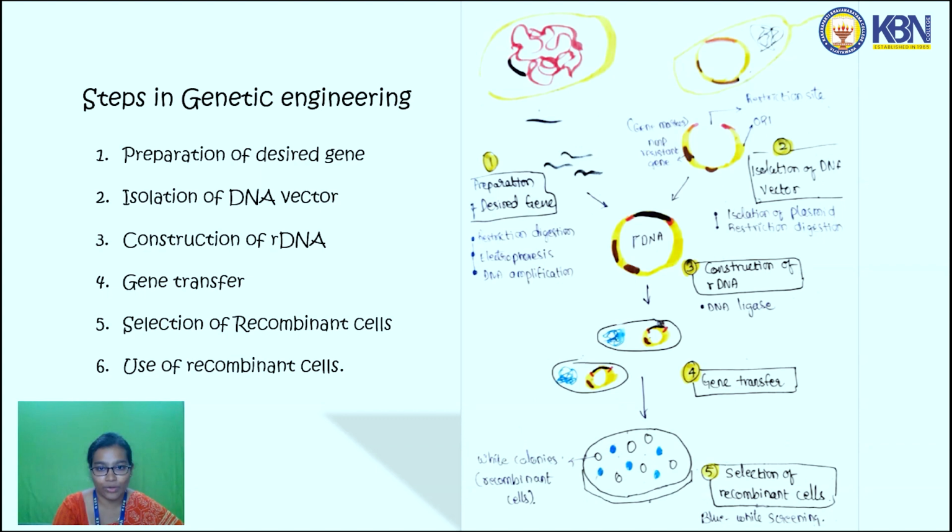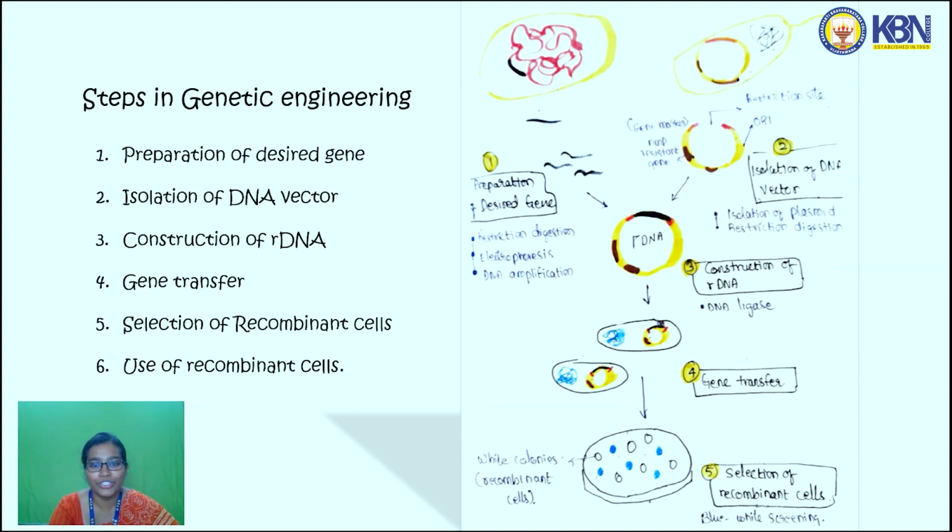We will break down the cell, collect all the genome present in the cell, like you see here. This red color thing is the genome, the whole DNA of that particular cell. We will extract that using different cell lysis methods, physical, chemical, and enzymatic as well.